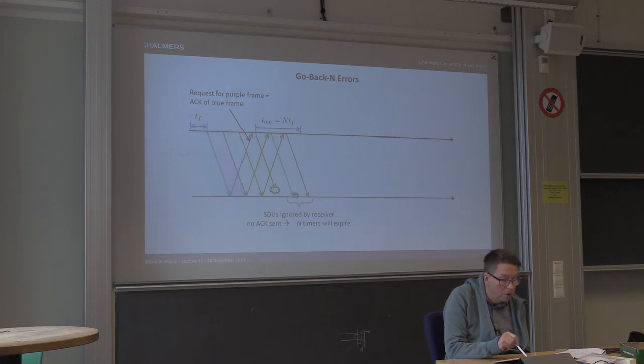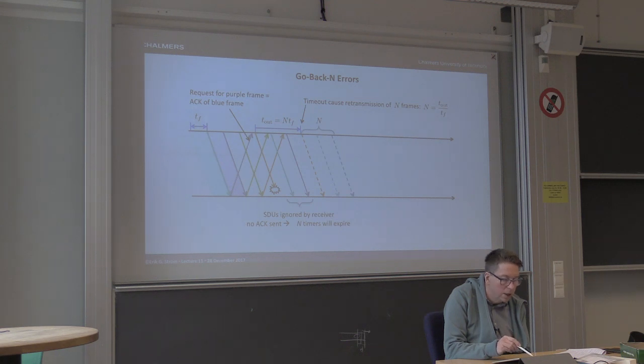However, these frames at the receiving end will be ignored because the receiver was expecting an orange frame, not the blue and not the purple one. So these would just be thrown away at the receiver, even though they might have arrived error-free, but they had the wrong sequence number. Then a timeout here would cause the first retransmission, and that would be of the orange frame.